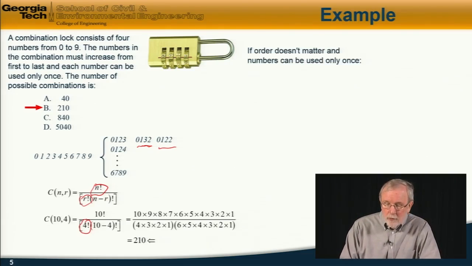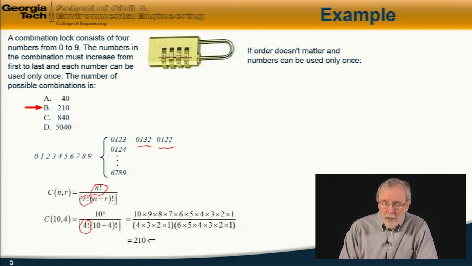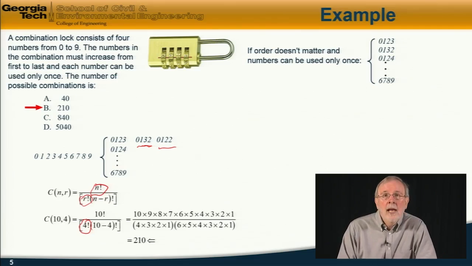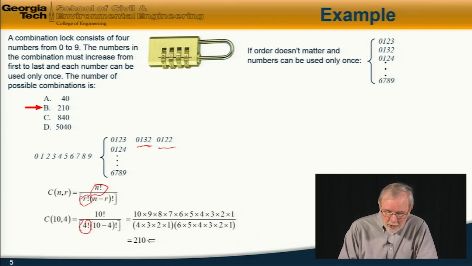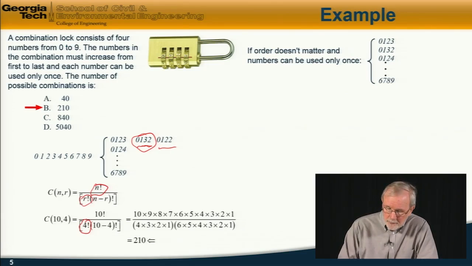What if we had different rules, though, for this? Let's, for example, say that the order does matter, but again, the numbers can be used only once. So now the number of possibilities is much more. Now we can have 0, 1, 2, 3, and now we can include 0, 1, 3, 2 in that because we're using the numbers only once, but now the order matters. So we can rearrange the order of those numbers, and we have more possible permutations.